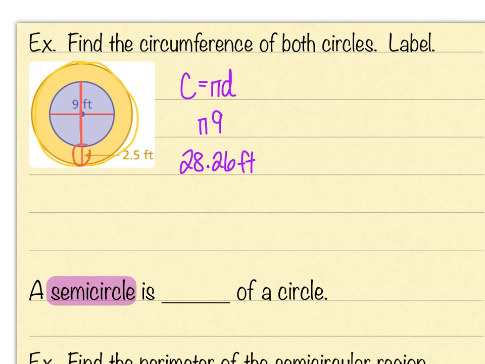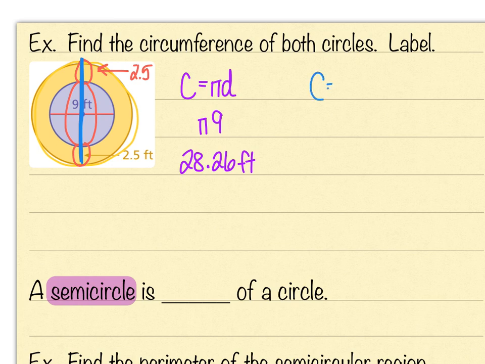I know this chunk is 2.5, which also means that chunk up there is going to be 2.5. And 2.5 and 2.5 is 5 if you add them together. And if you add that with the 9 in the middle, 5 and 9 makes 14. So the diameter of this entire golden circle, if I could draw one straight line across, is 14, and that's what I'm going to use.